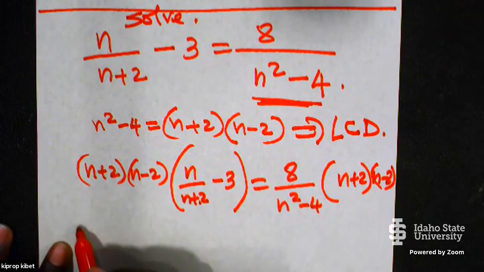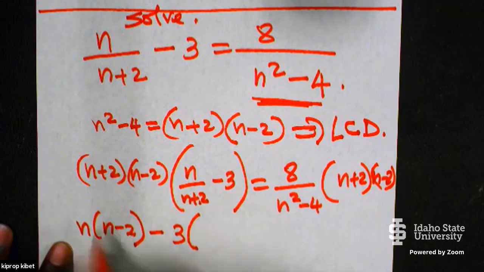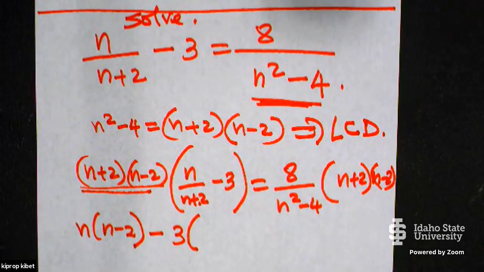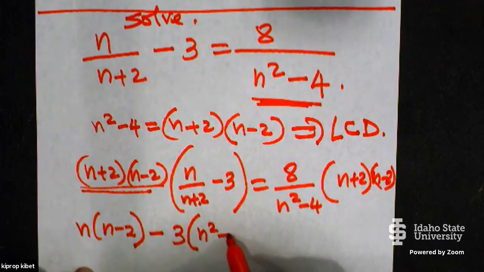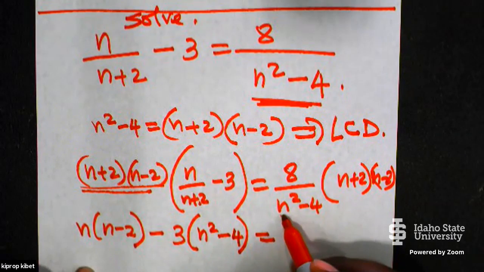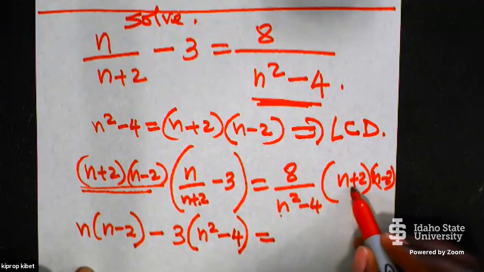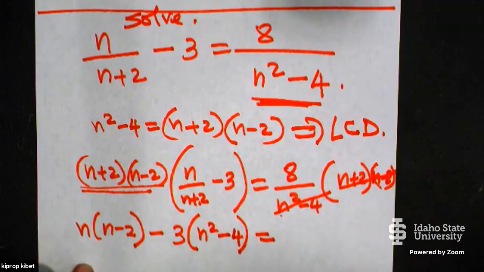So what remains is n minus 2. Okay, minus 3. Now, what is this? That is n squared minus 4. So n squared minus 4 there equals to this n squared minus 4, and all of that will cancel. So what will remain is 8.